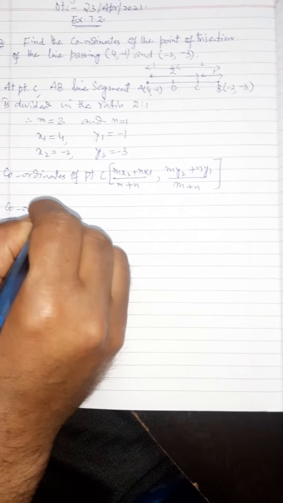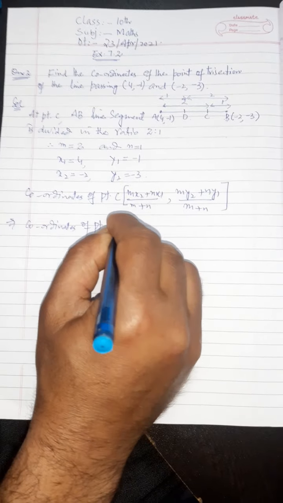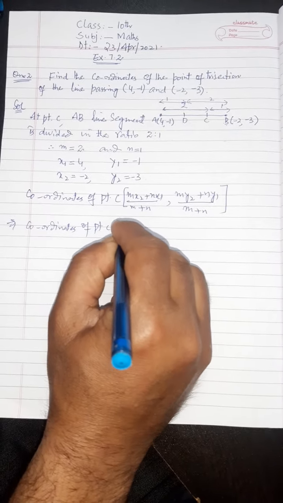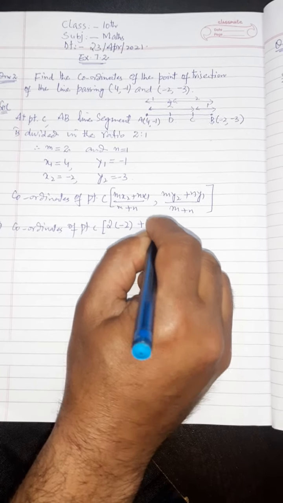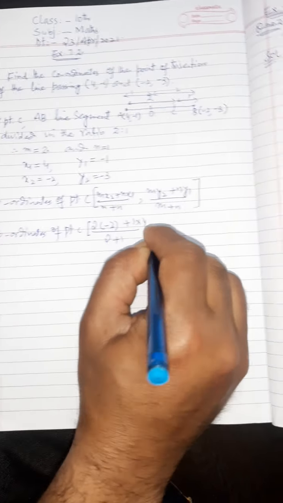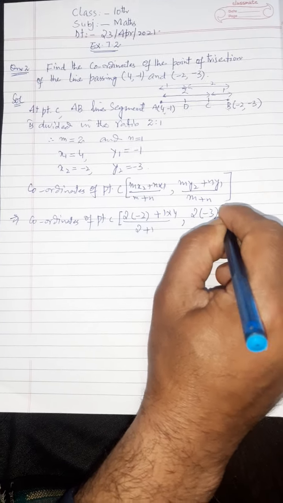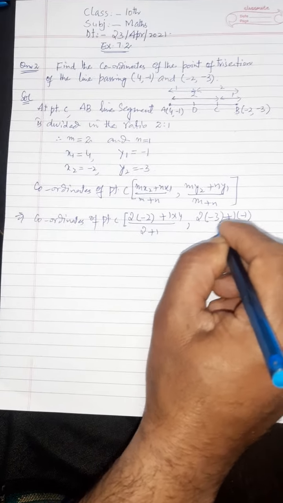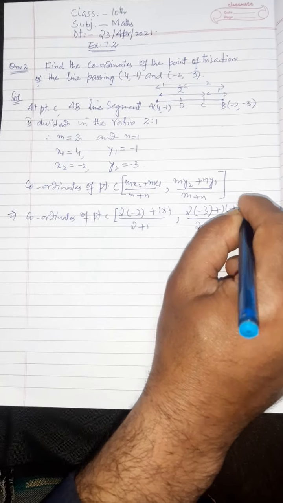The coordinates of point C are equal to, we will assign them the values: (2 times -2 plus 1 times 4) divided by 2 plus 1, and then (2 times -3 plus 1 times -1) divided by the sum of the ratio that is 2 plus 1.